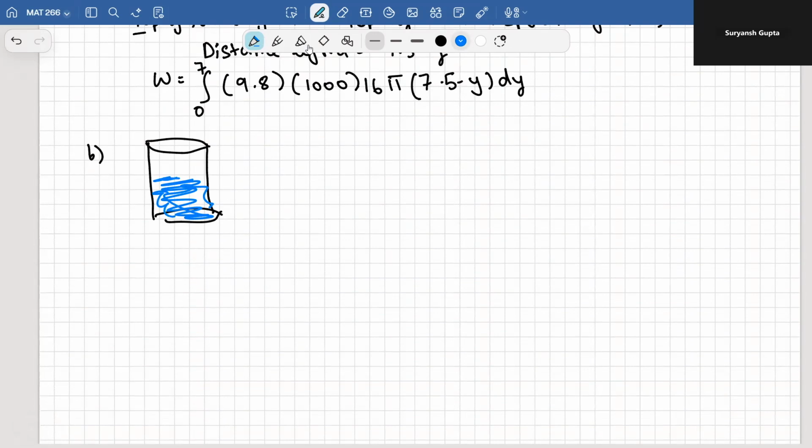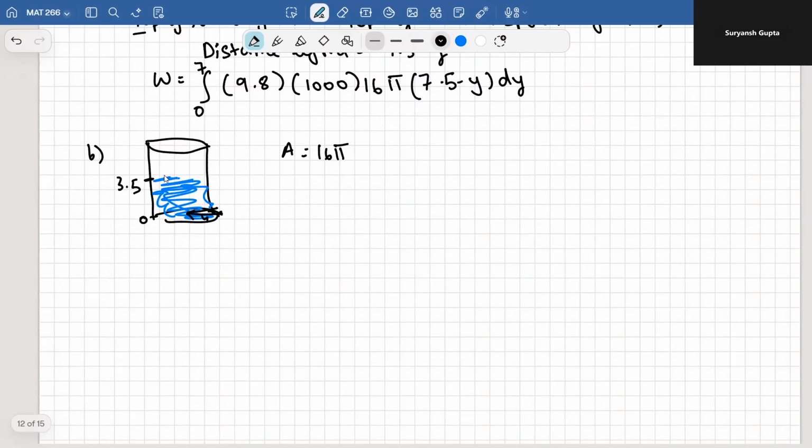My radius is still 4, so my cross section is still 16 pi because my radius is not changing. But here, the only amount of water I have is from 0 to 3.5. Unlike the previous question where we had it from 0 to 7, we will now be integrating over the bounds from 0 to 3.5.